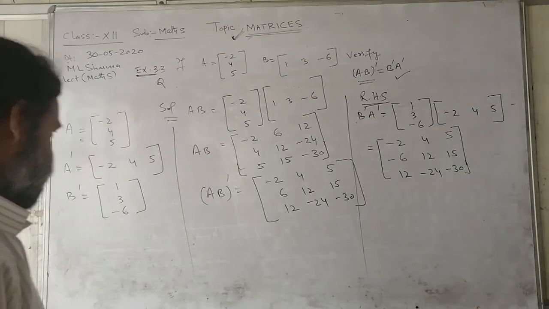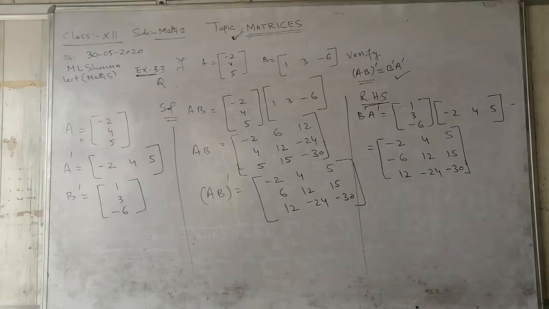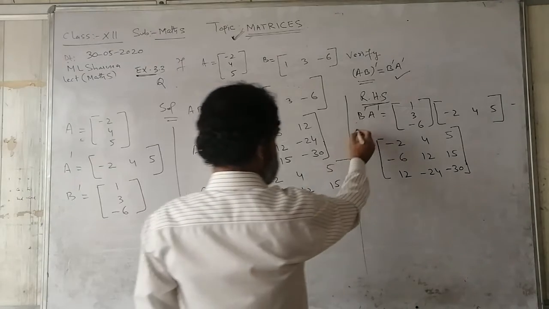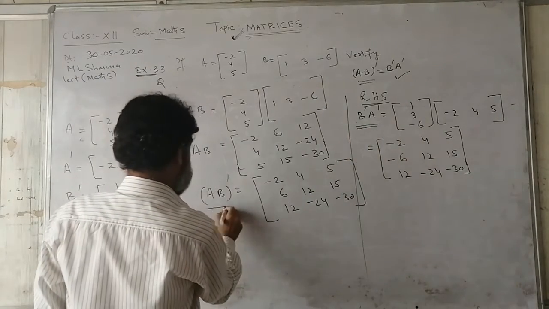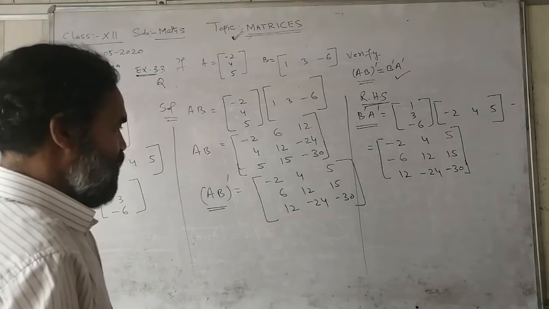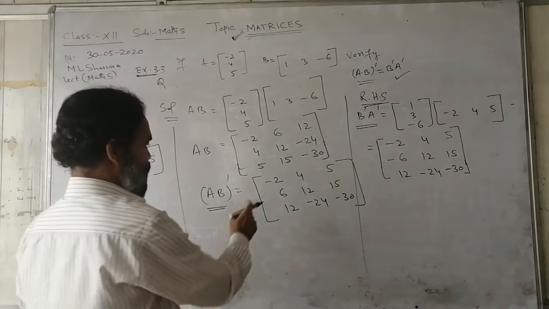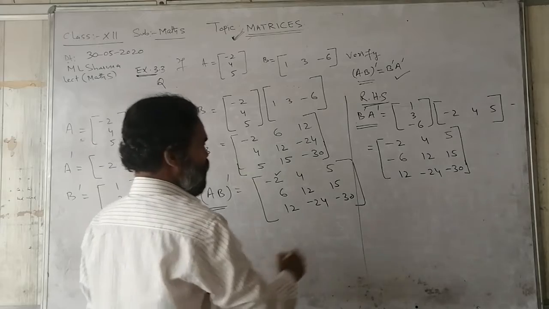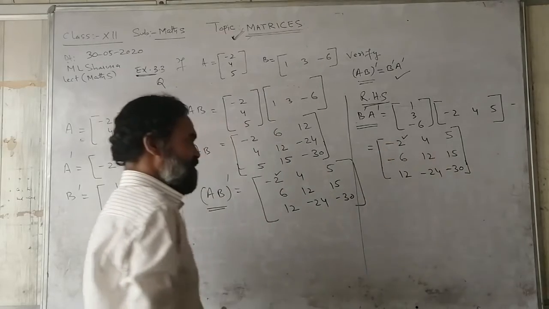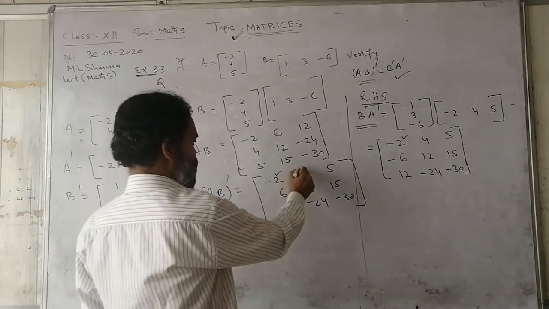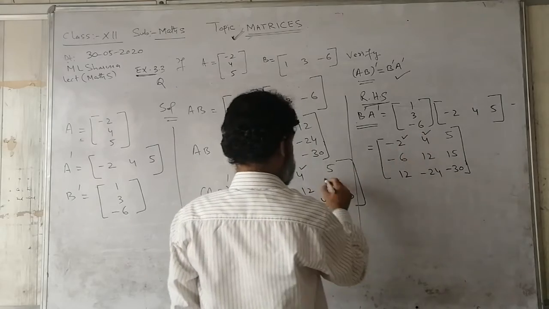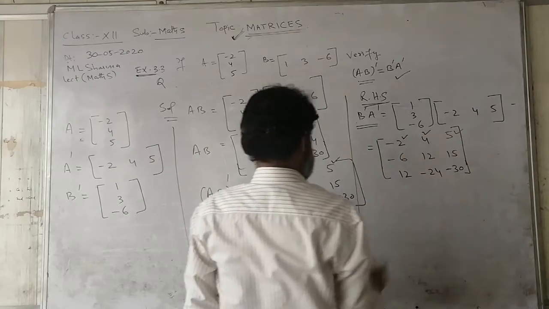So if I look at this right hand side and this left hand side, they appear the same. Here I have minus 2, here I have minus 2. They are identical. Here 4, 4, 5, 5.